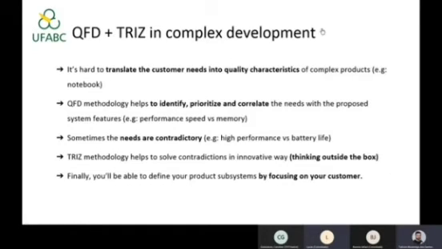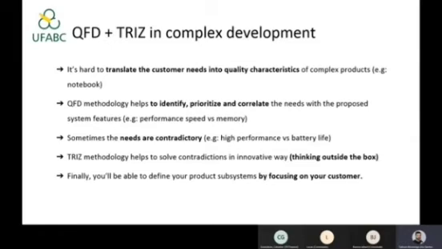Okay, thank you, Lucas. So we have here the QFD combining with the TRIZ in complex product development. It's very hard to translate the customer needs into quality characteristics when we are talking about a complex product, for example, a notebook.